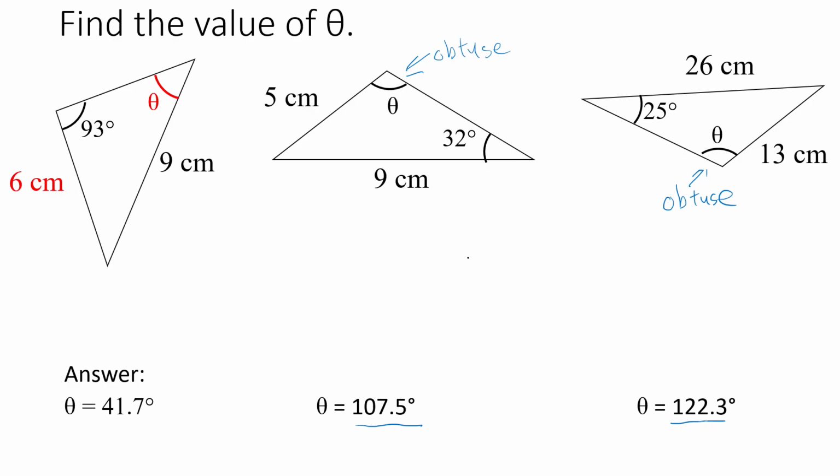And that's all for sine rule. It should be pretty straightforward. The key, let me repeat, is to make two fractions. Pair up the angle and its opposite side and whatever you want to find.